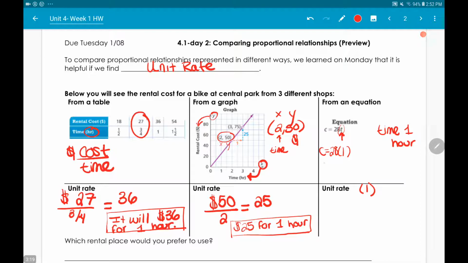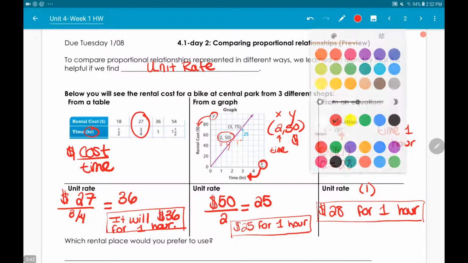Everything else stays the same. So c equals 28 times 1, which is 28. So that means my unit rate is $28 for 1 hour. Okay, so that is how to find the unit rate from a table, from a graph, and from an equation.